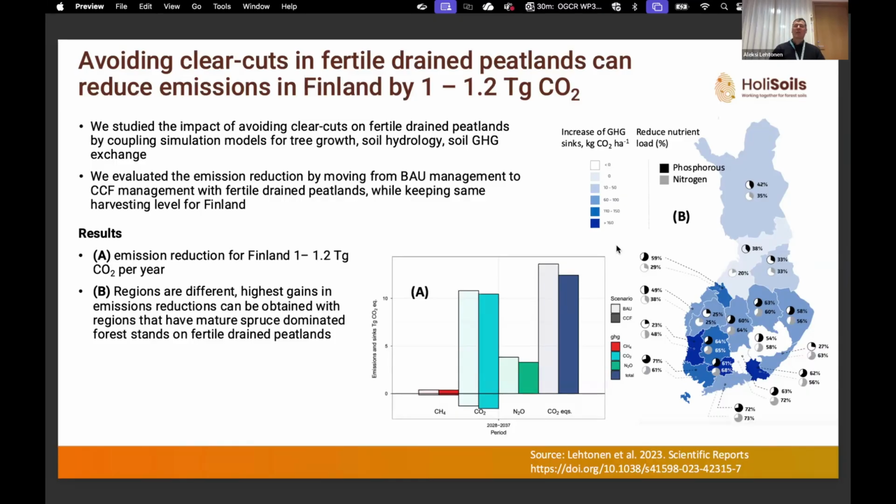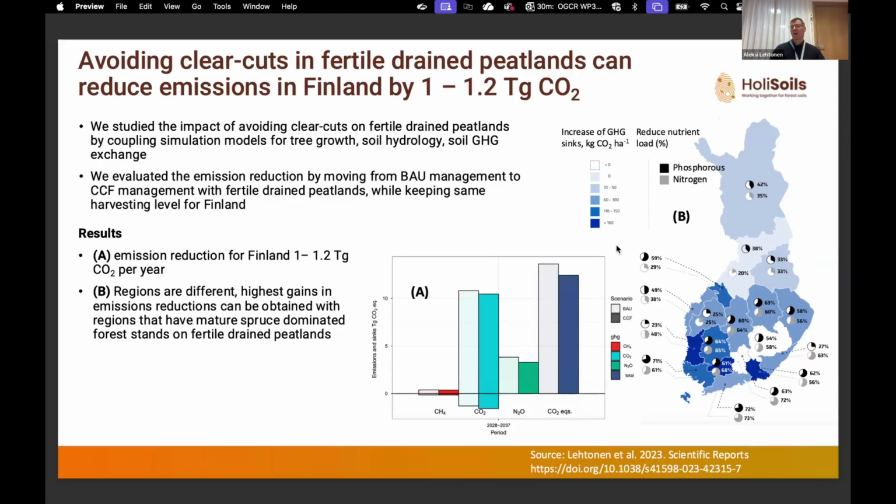And what was also interesting here was that a quite high contribution out of that 1 to 1.2 teragrams was that trees were growing better according to our Mela simulator, because we are avoiding the young seedling stand phase. And in that continuous cover scenario, our harvesting area was larger, because we were doing this kind of selection harvesting in various locations.